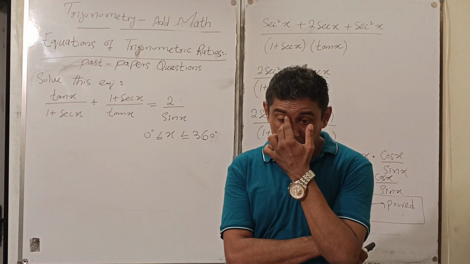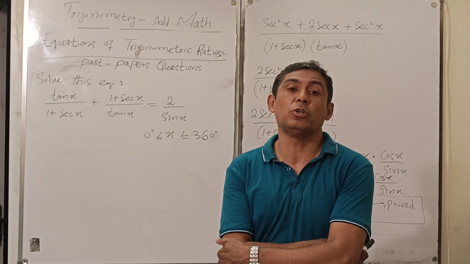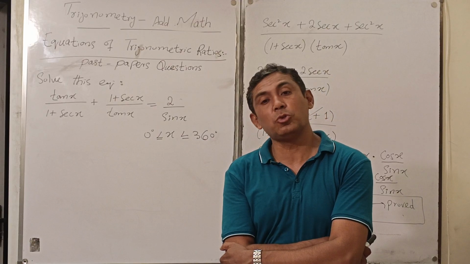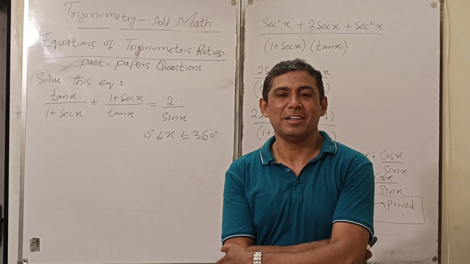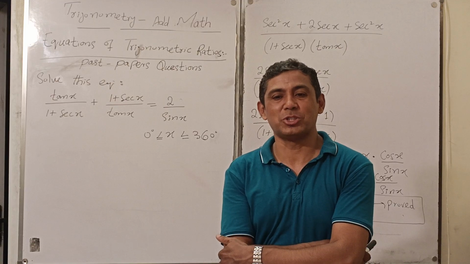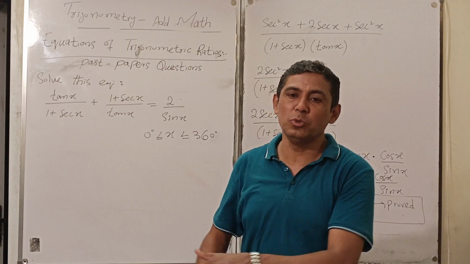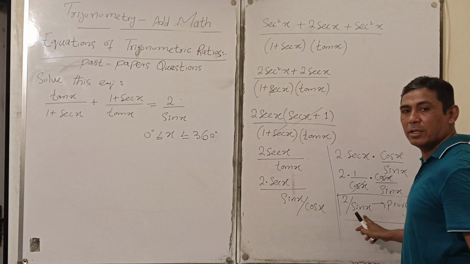A range of x values is given. Whenever a range of x values is given, you need to find out the alpha. Clear? So this is not a proof. The same kind of question you will solve through all the steps until that point. Clear?